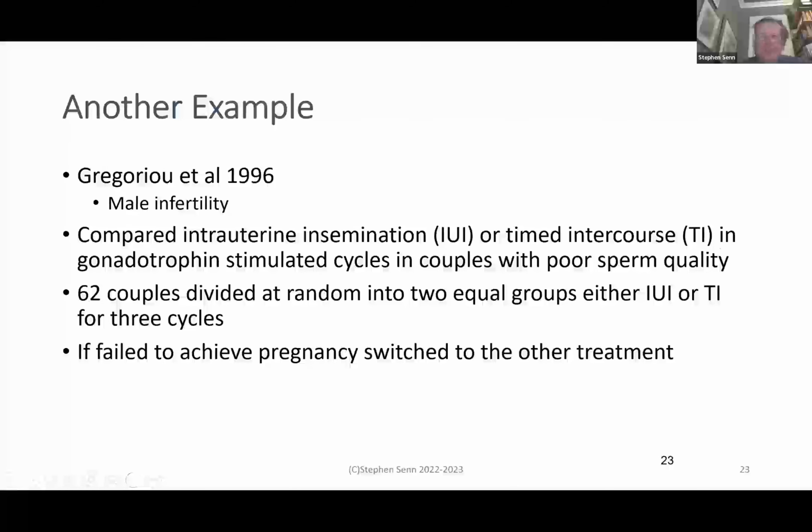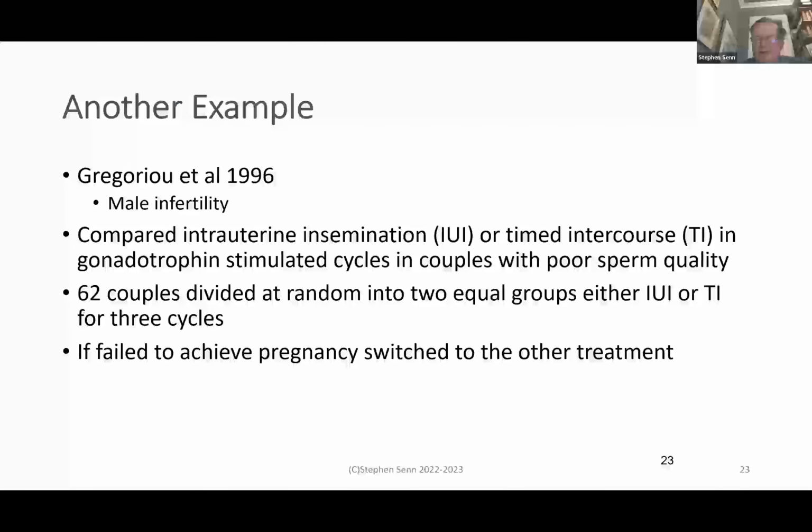This is of infertility. This is Gregorio et al. This is male infertility. And they compared intrauterine insemination or timed intercourse. And the 62 couples were divided at random into 2 equal groups, in which they received either IUI or TI for 3 cycles.